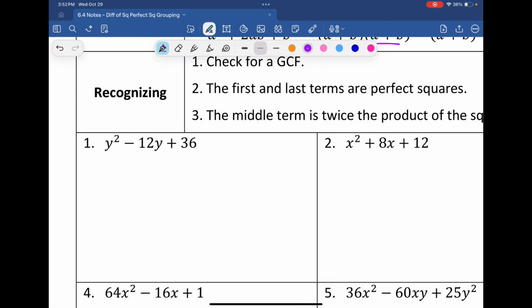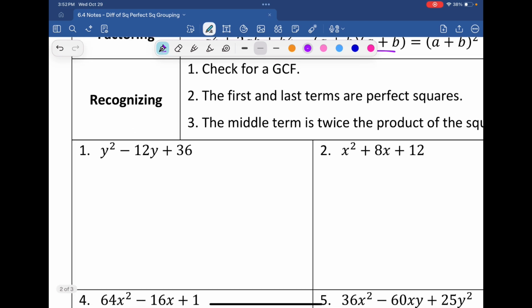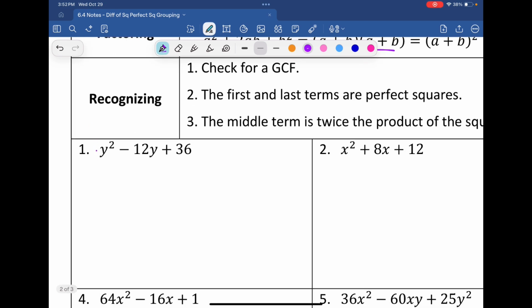because you can factor like normal. Your leading coefficient here is 1. Just make sure your leading coefficient is a positive 1, which means I can look at the 36, factor pairs of 36 that add to be negative 12. So it's going to be 6 and 6.